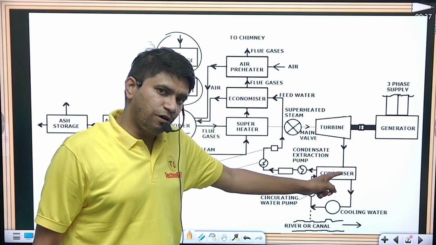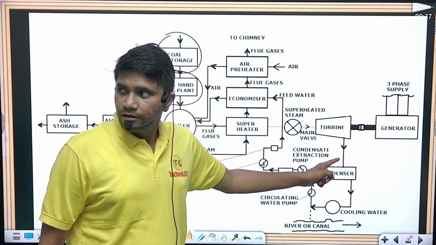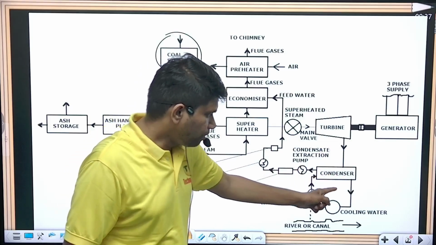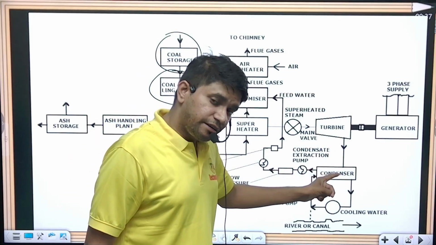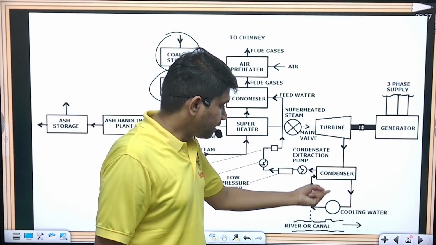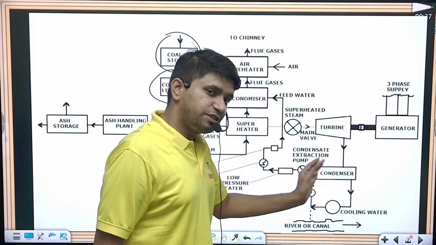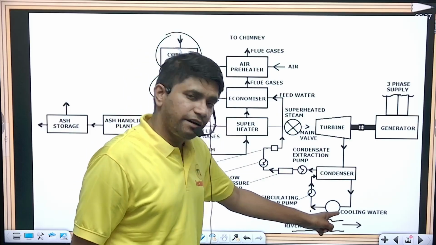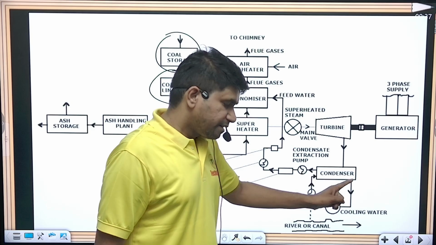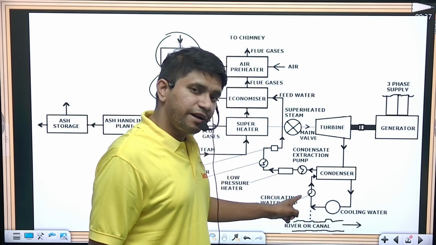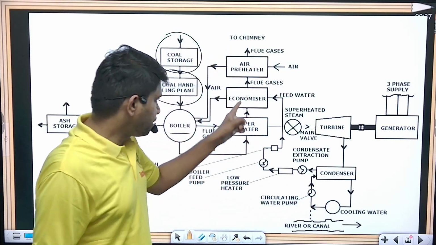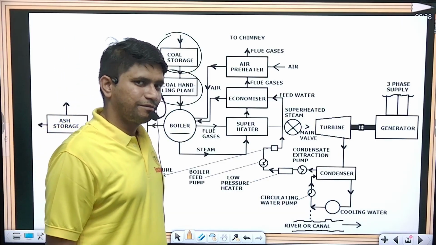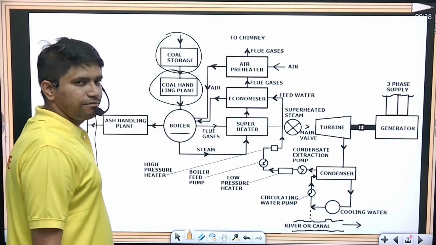The condenser uses cold water to lower the temperature of that steam. Now as it uses the cold water, the temperature of the water increases. The temperature of the water was decreased by the cooling tower. Then the remaining water was again transferred by this pump to the boiler itself. Clear? This is the very interesting part.